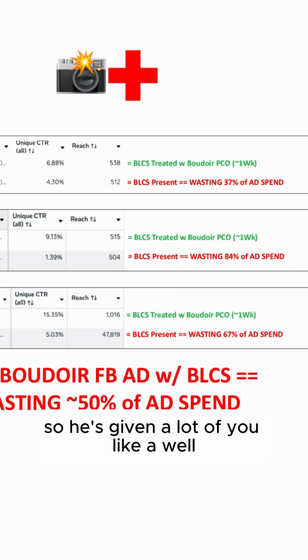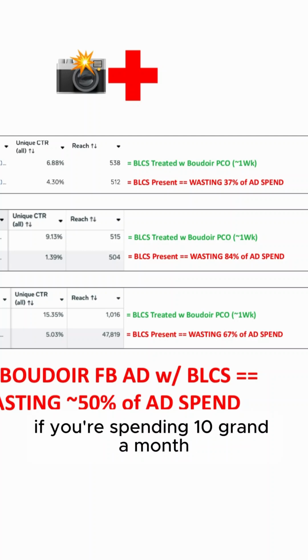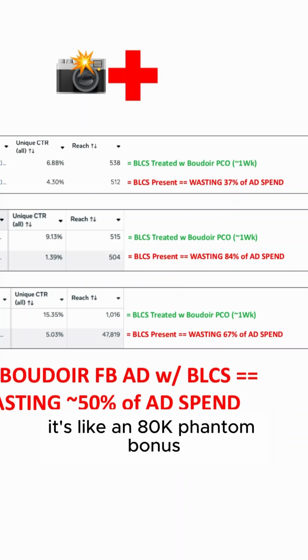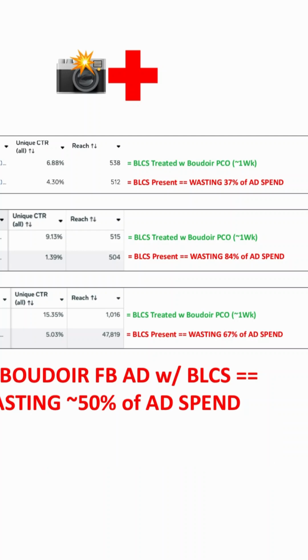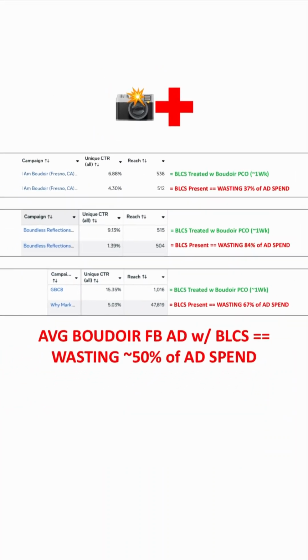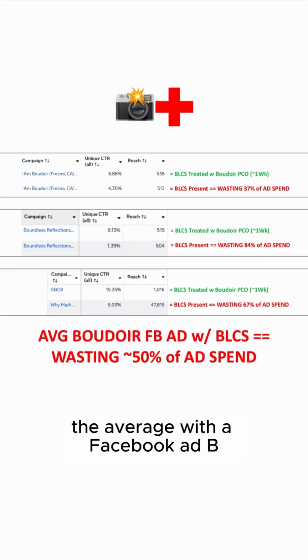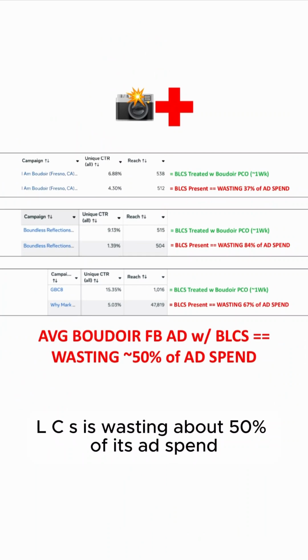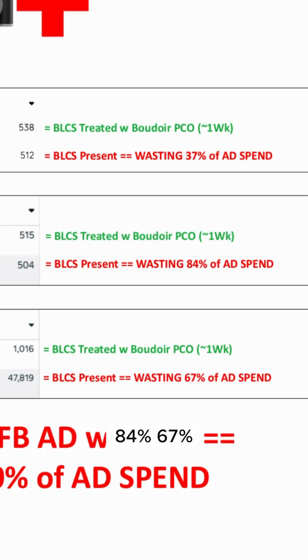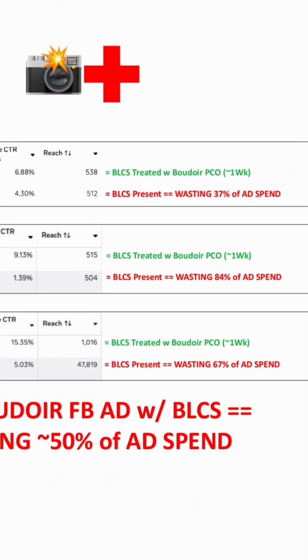So if he was spending 10 grand a month on Boudoir Facebook ads, he'd be getting basically an 80K phantom bonus over the next 12 months from not wasting that ad spend money anymore. From what I've seen, the average Boudoir Facebook ad with BLCS is wasting about 50% of its ad spend. I mean, look at the numbers here: 37%, 84%, 67%.